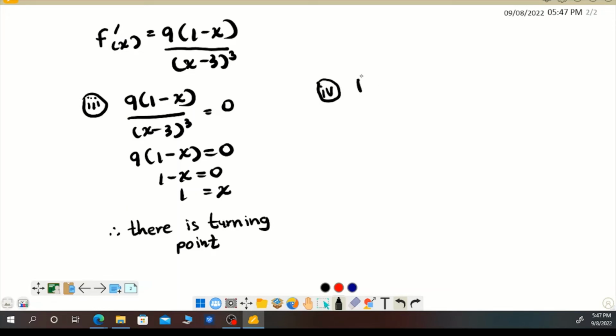So I'm going to substitute f(x), given that f(x) = 2x minus 3... (x minus 3) squared. I'm going to substitute x equals 1.